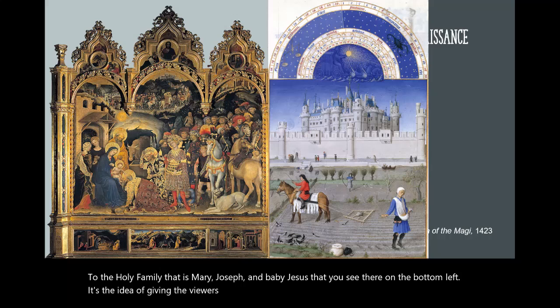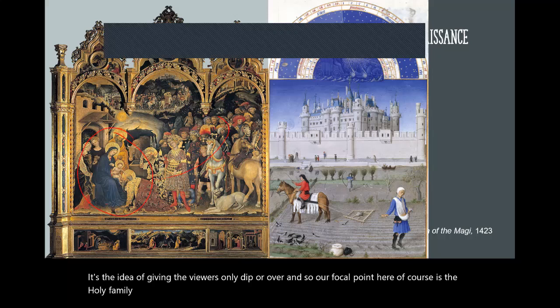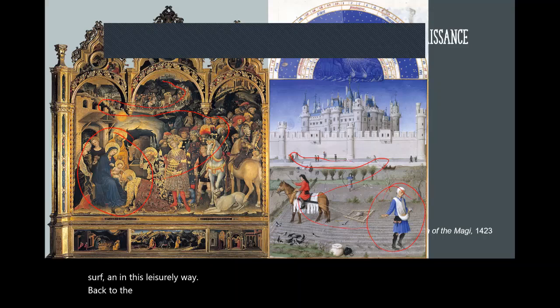And so our focal point here, of course, is the Holy Family, and the crowds of people, including the Magi, stretch around behind the rocks and on back up the road into the distance, the way that we kind of pore over the details of the Limbourg brothers' composition as well.